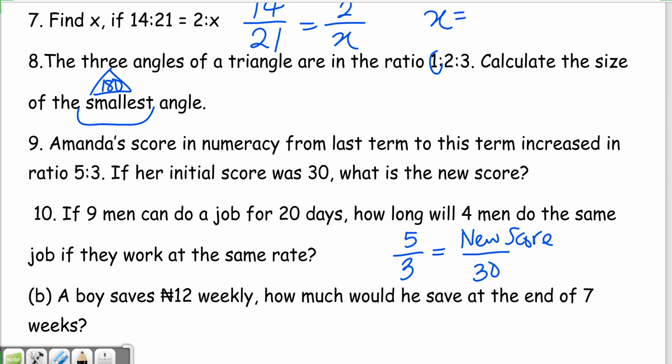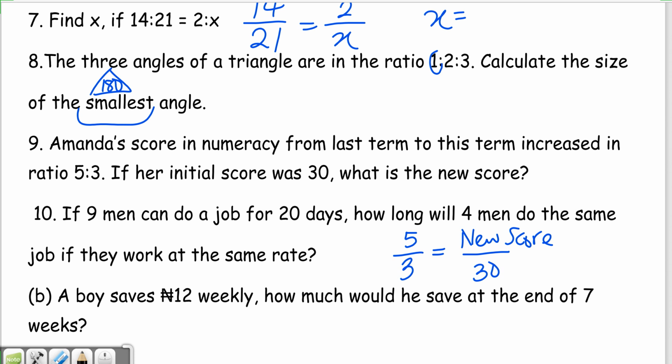We can do this the normal way, using the equivalent fraction or the cross multiplication method to find the new score. Or you do to 3 to get 30, do the same thing to 5 to get the new score.